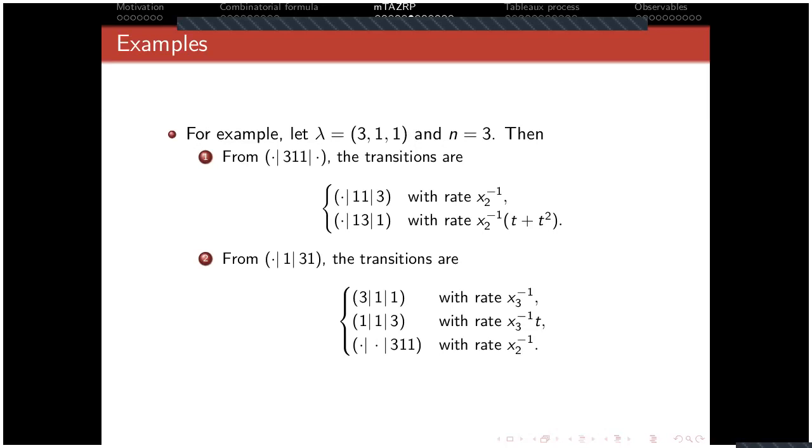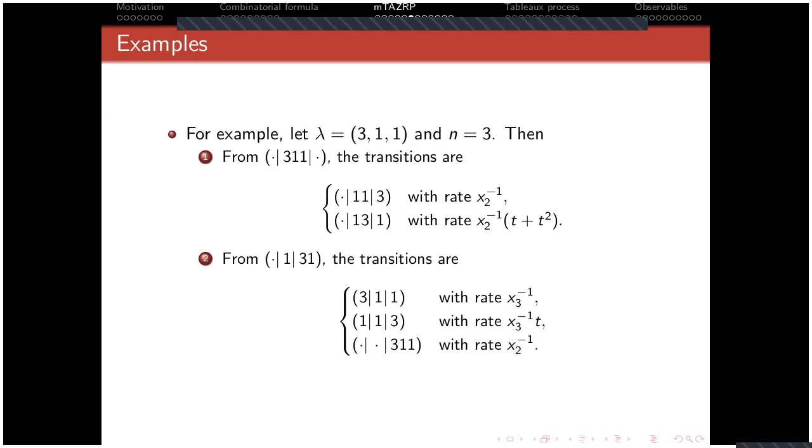In other words, if you have at the jth site some particles a1, a2, a3, a4, then the first will jump with rate 1 by xj times t to the 0, the next with t to the 1, then t to the 2, then t to the 3. But if any two are equal, the rates will add. That's what t plus t squared is.